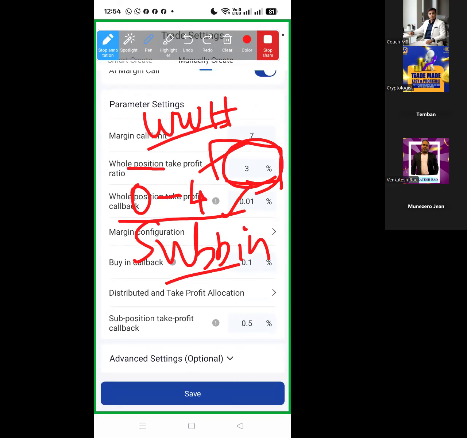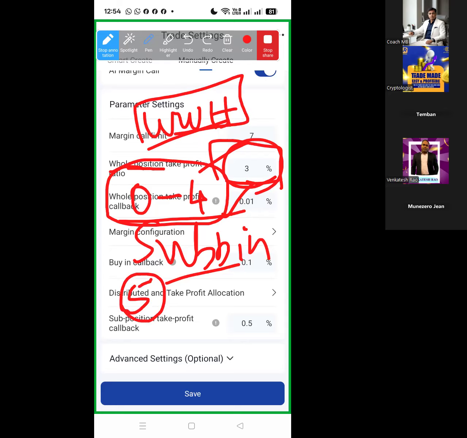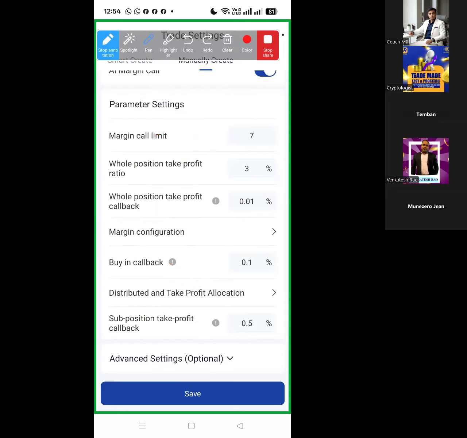The whole warehouse mode works by default in 0 to 4 calls only, right? After it enters the 5th call, you have the option to open a sub-bin mode, or you can leave all the calls in the whole warehouse mode only. Suppose someone says I want to trade only in whole warehouse mode, and he has opened 7 margin calls.